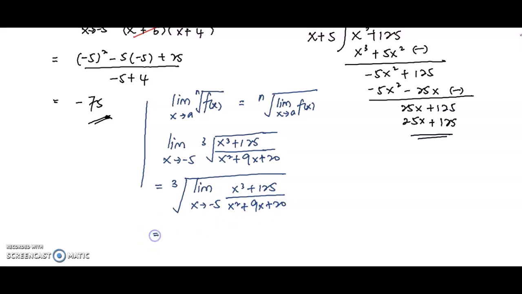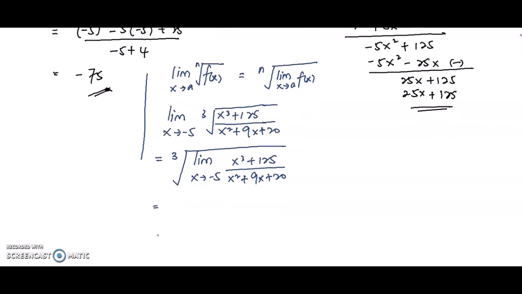So you can see that once I apply this property, the limit inside this cube root, we already got it just now, the answer is negative 75. So you just substitute negative 75 as the answer of this. And after that, you can give your answer in a decimal number, that is negative 4.22.